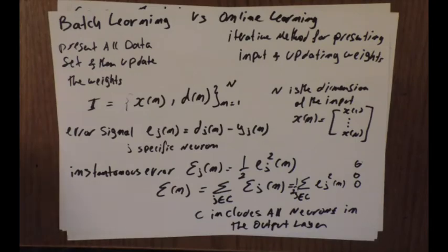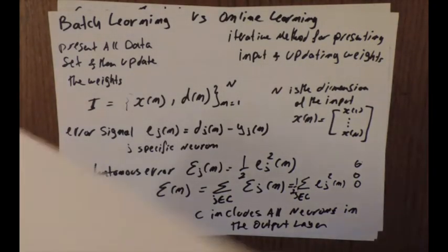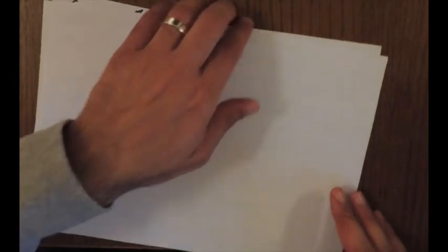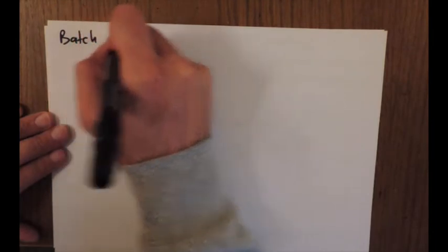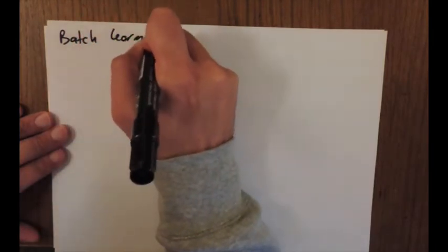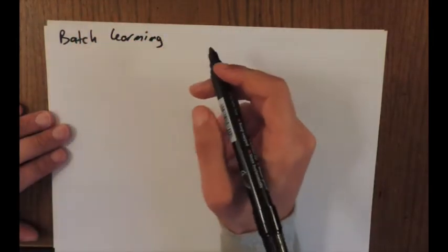Okay, so now, given that we have this error signal, we're going to discuss how batch learning and online learning differ. As we said, for batch learning, we don't do this iteratively.